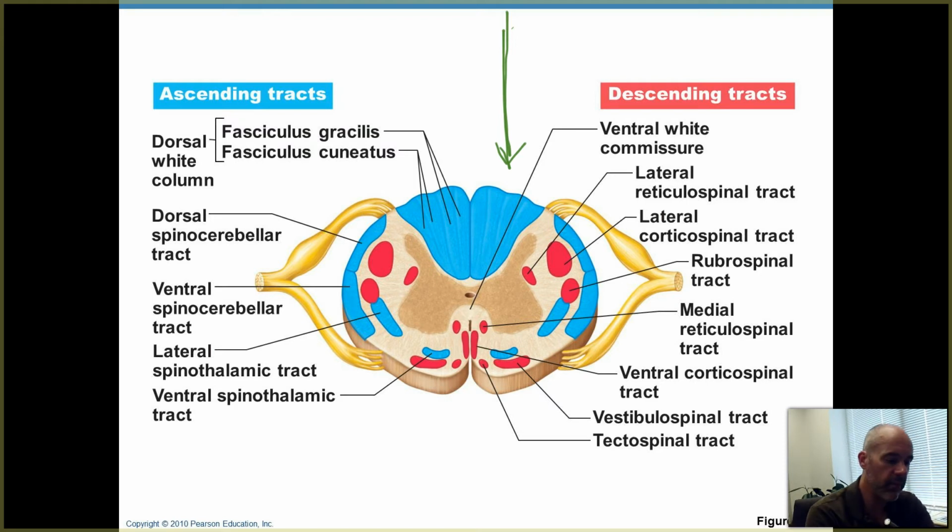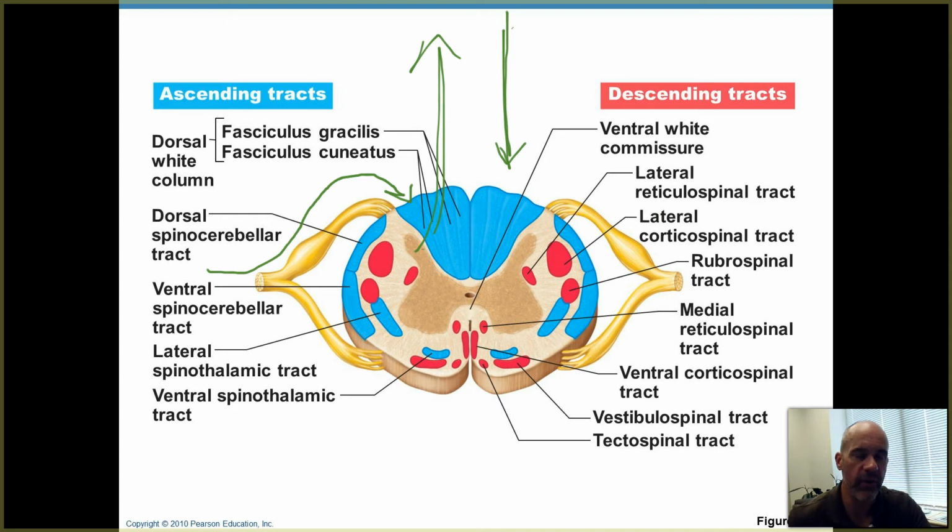Also, you've got this incoming information that comes in through those dorsal roots. You have synapses with interneurons in the spinal cord, and then very often those neurons have got to send information upward. They've got to generate action potentials that are going to travel upward and try to tell neurons up in the brain that here's some info you need to process.